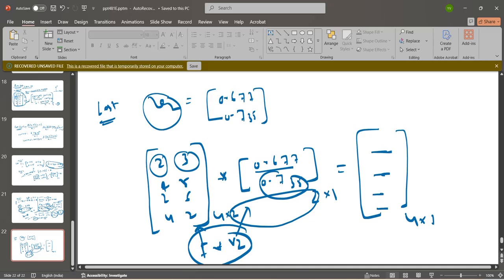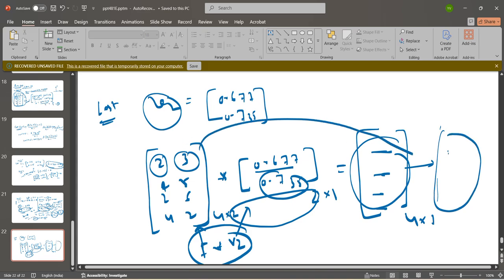Another value, another value, another value. So these 4 points are the one dimensional points. So two dimensional is getting converted to one dimensional. You can see two dimensional got converted to one dimension. This is the way how principal component analysis works to do the dimensionality reduction.